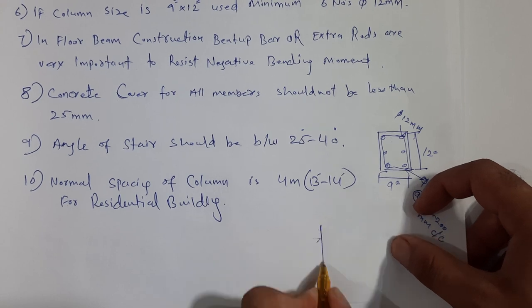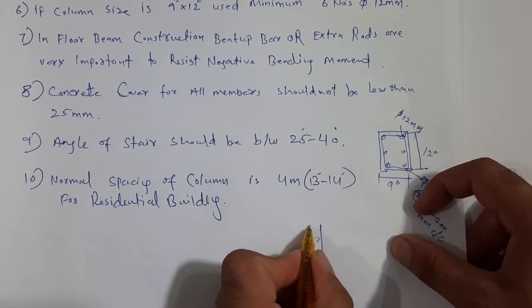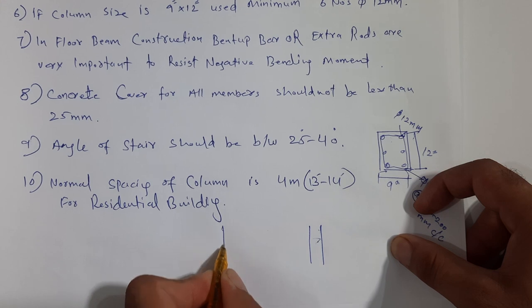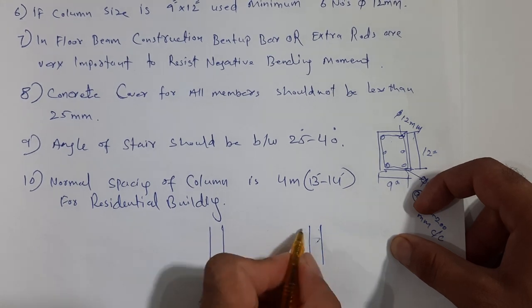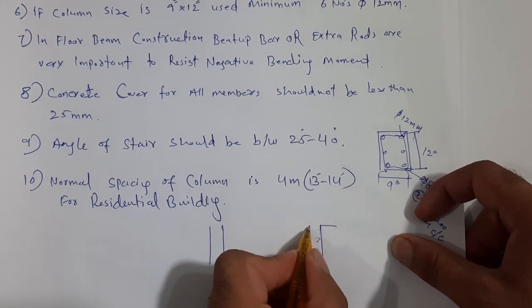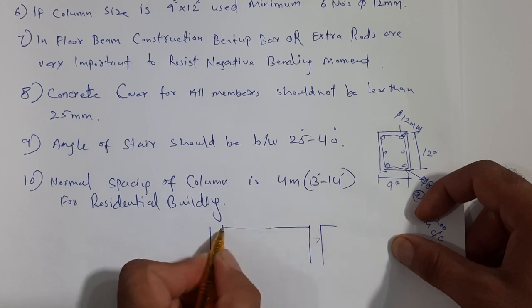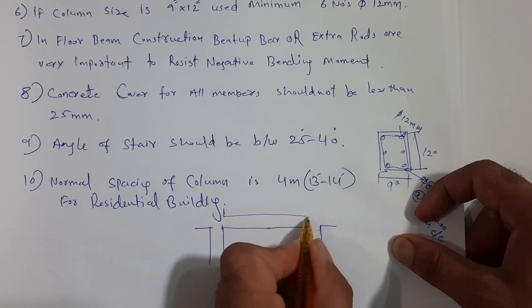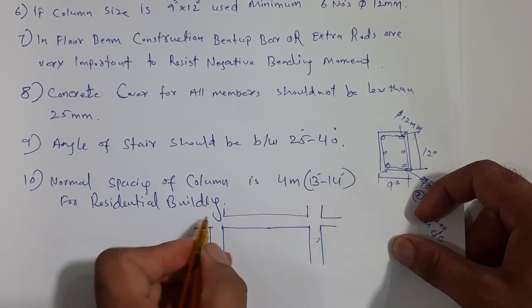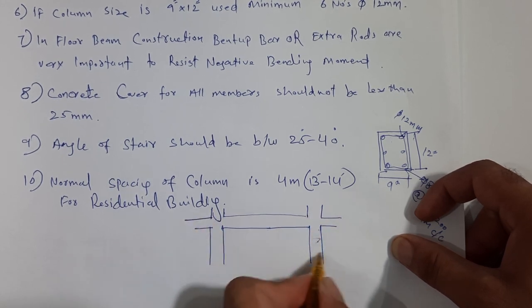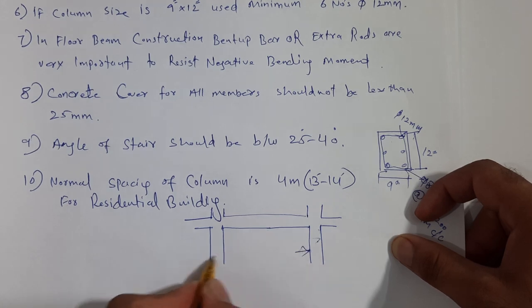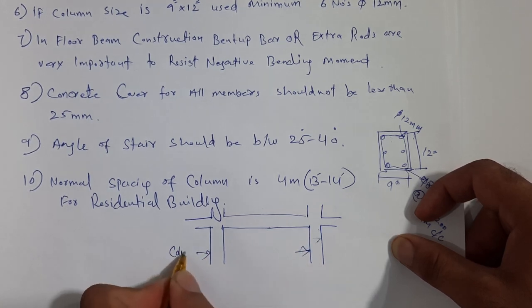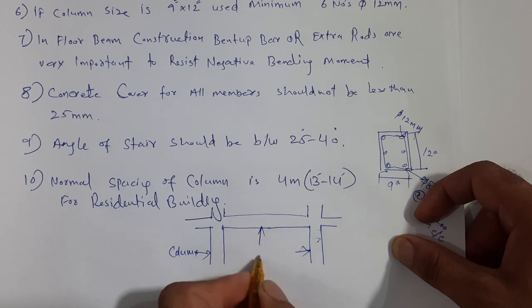Suppose, okay, this is column, on the top of this we have, you can see, guys, so this is column, this one is also column, and this is beam. Okay, floor beam you can say.